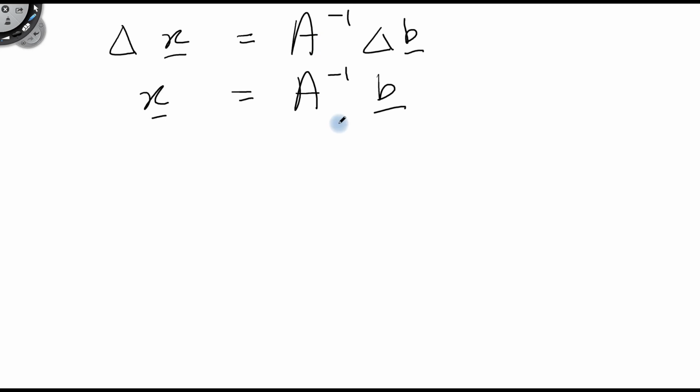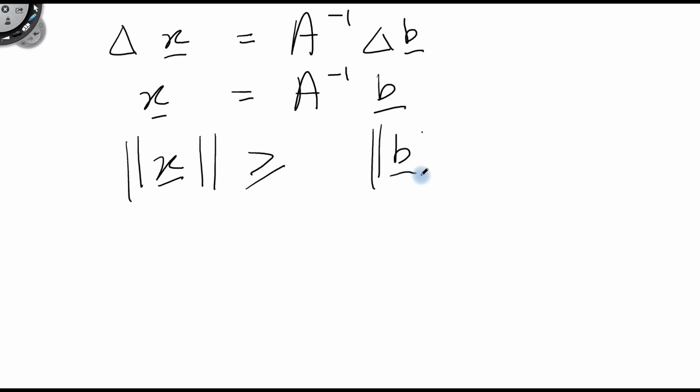So we can make a statement first about the modulus of x is greater than or equal to the modulus of b, and then, because we know there's a spectrum of eigenvalues and the eigenvalues are 1 over lambda, that the smallest value of modulus b multiplied a minus 1 modulus b is divided by lambda max.